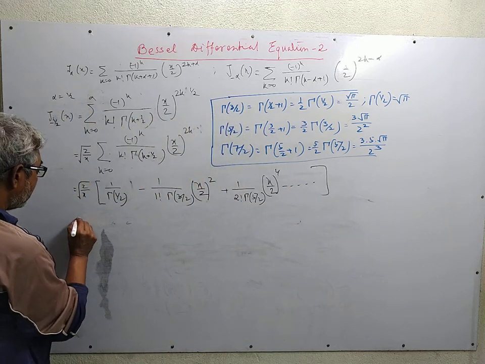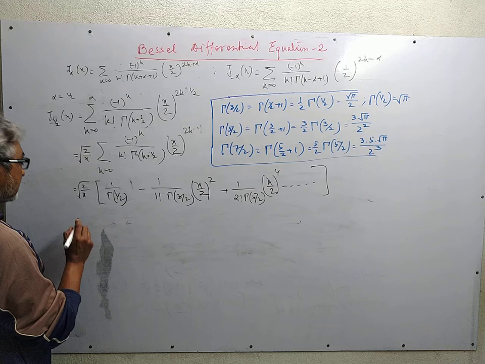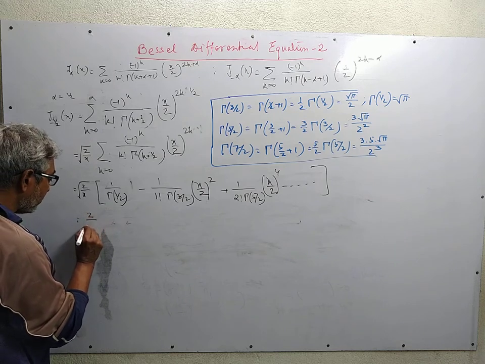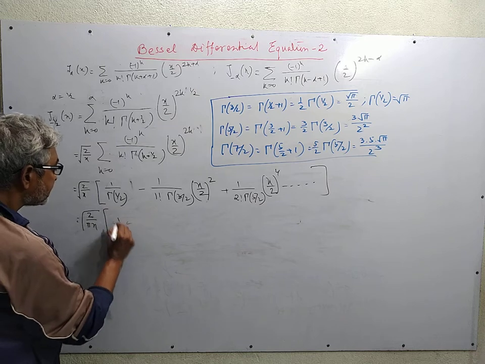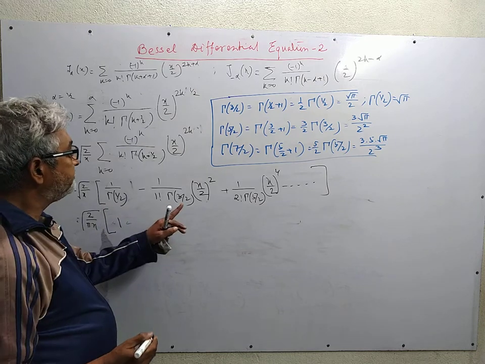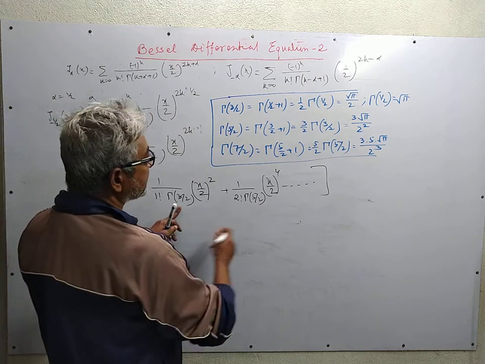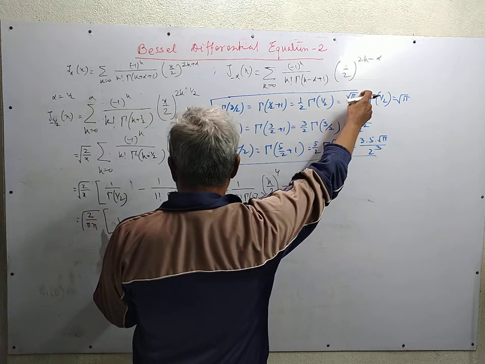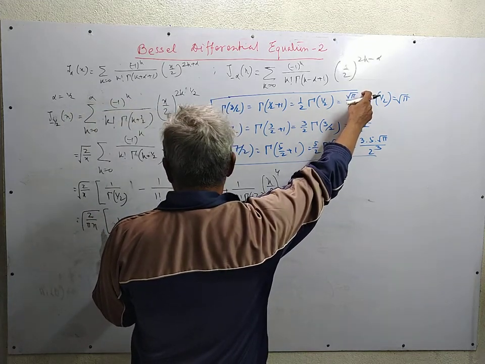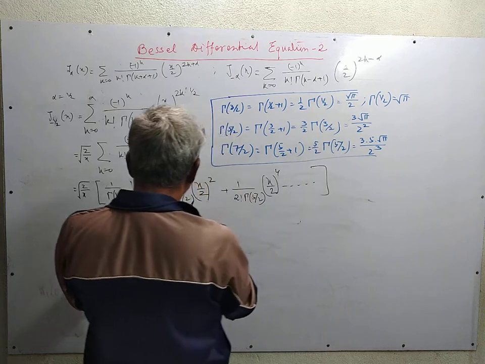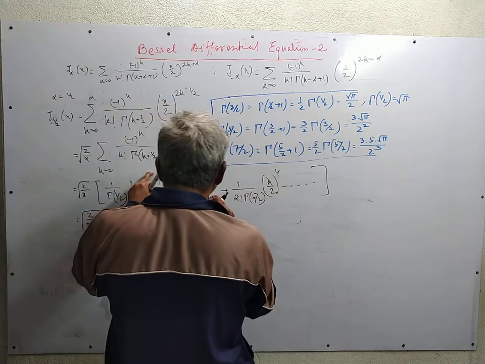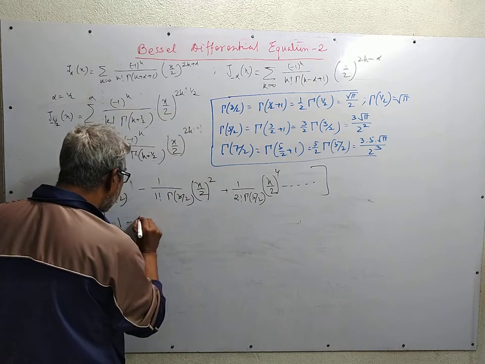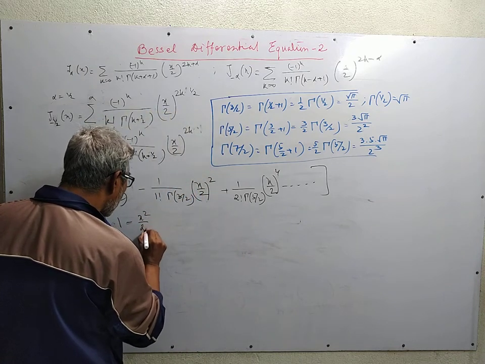Now we write the value of this. So taking root pi common, we write this term is simply 1. Gamma 3 by 2 root pi has taken care of, and this value, this half will go in the numerator, so this is x square by 2, which can be written as x square by factorial 2.